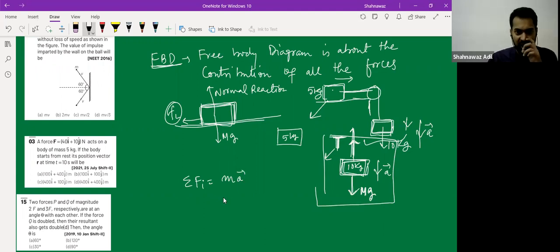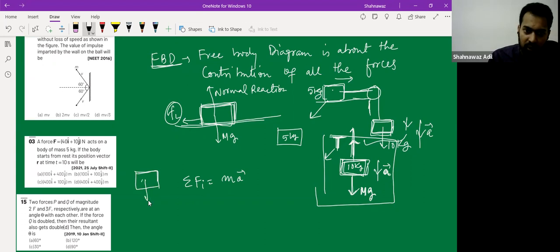So in the free body diagram, whatever is in the direction of this acceleration, we take it as positive, right? Let me make this diagram here.